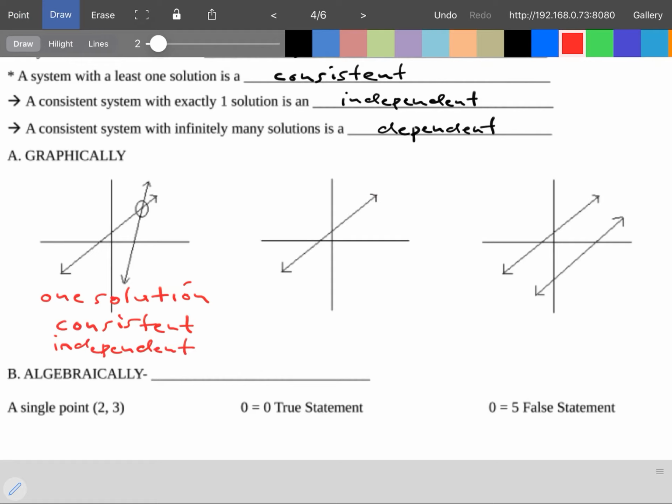Here's all the solutions for the first equation, and here's all the solutions for the second equation. The two lines are right on top of each other. Well, that means that every point on the lines is a solution, so there's infinitely many solutions.